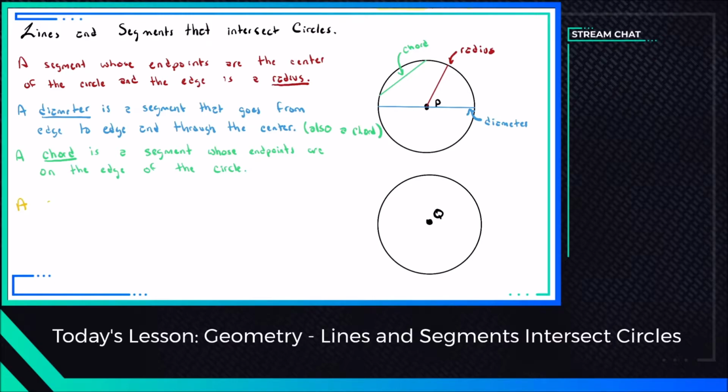A secant is a line that intersects a circle at exactly 2 points. So it's just like a chord, except now instead of being a segment, we have a line. So this yellow line right here would be a secant.